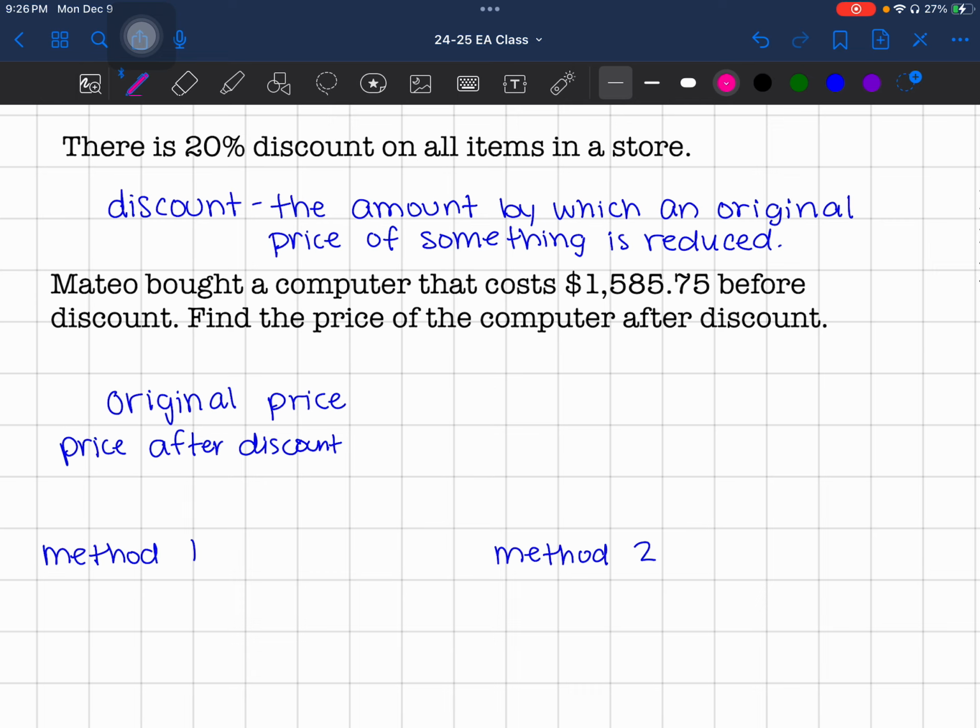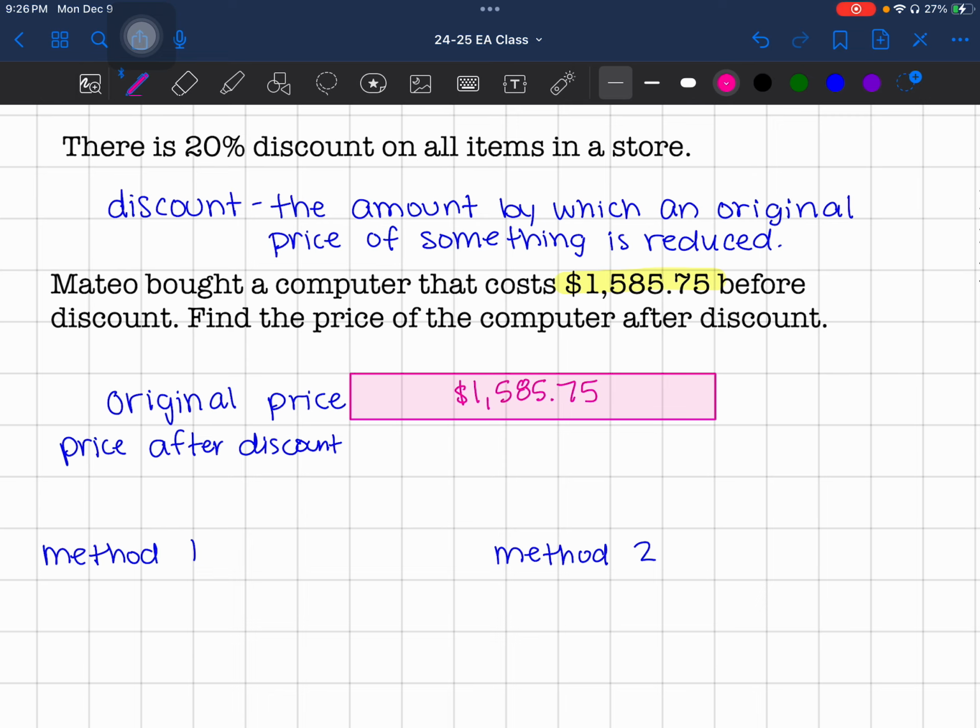Okay? So, we're going to draw another model. What is the original price? The original price is $1,585.75. So we're going to draw a box, and this box is going to represent our original price, which was $1,585.75.